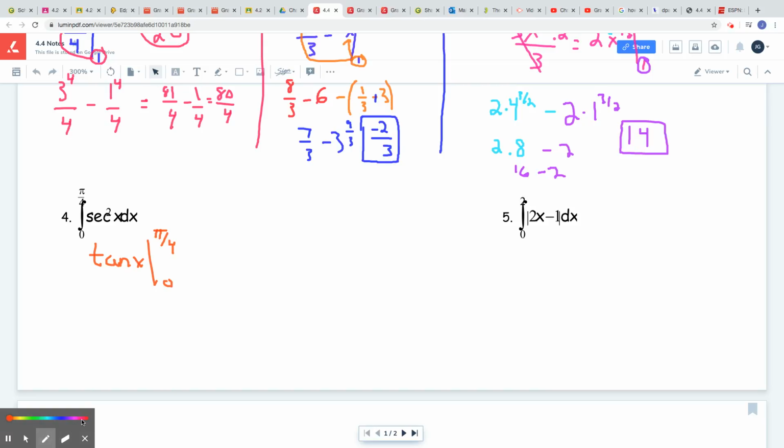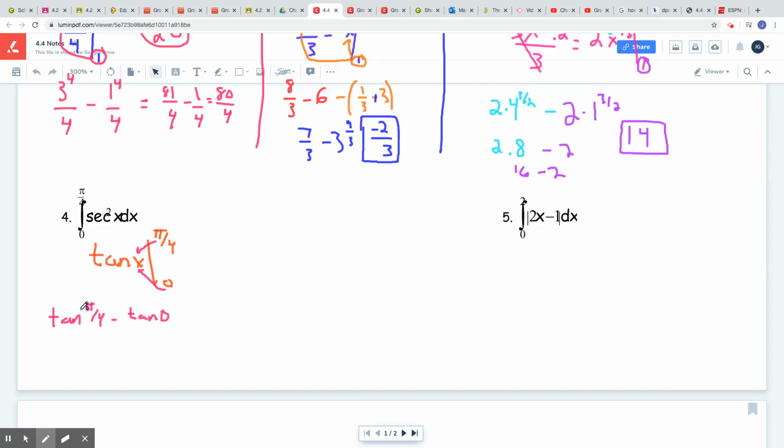So I got to take pi over 4 and plug it in. So it is tan of pi over 4 minus tangent of 0, because we got to plug 0 in. Now, pi over 4 on the unit circle is root 2 over 2, comma, root 2 over 2.